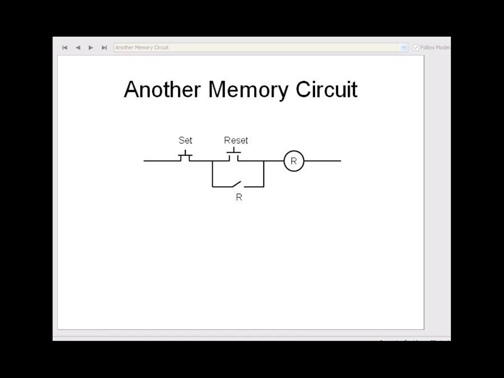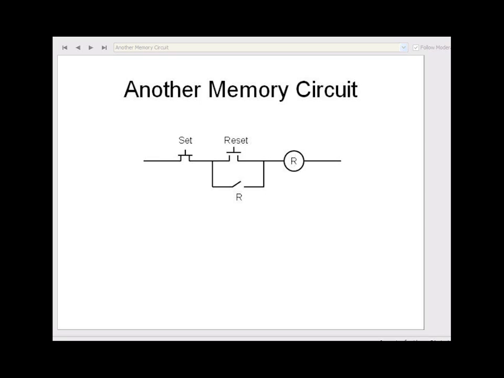It's a latching circuit. And once again, you press the button and the motor starts, and then you can let go of the button and the motor remembers to be started. So it's a memory, and it stays running until you press the forget button, at which point the motor stops running. So that's how we can make a memory circuit.